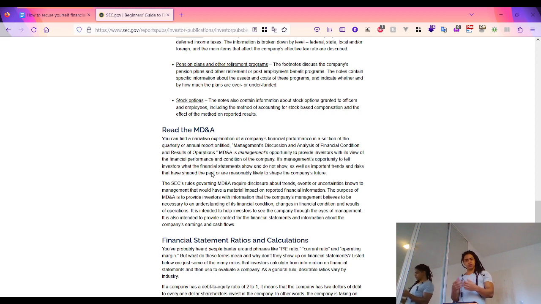And this report uses some of the data from the balance sheet and the income statement. The bottom line of this statement shows the net increase or decrease of cash over a period of time.